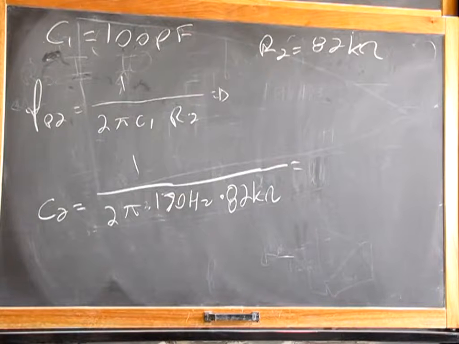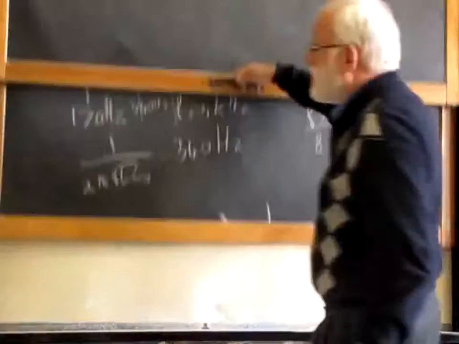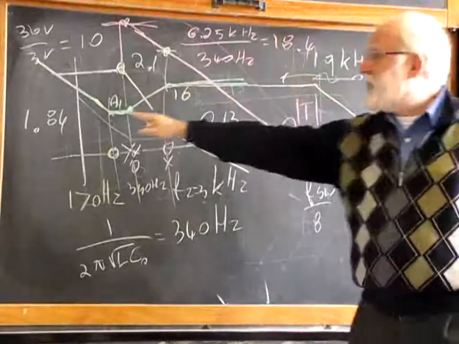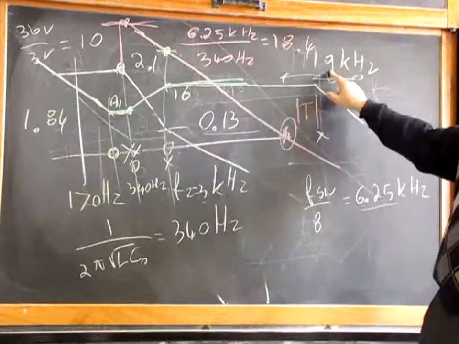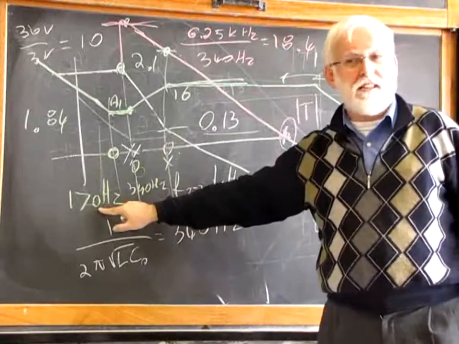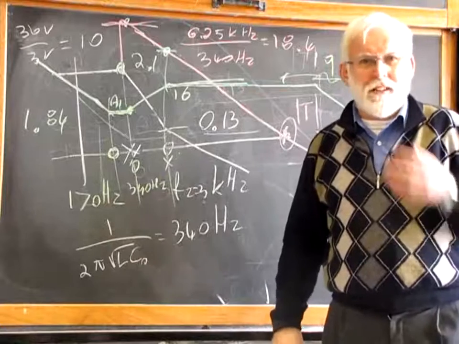Obviously I know how much it was going to be. This is the standard type 2 compensator. So the ratio of pole divided by zero is equal to the ratio of the capacitances. We have 19 kilohertz divided by 170 hertz, that's a little bit more than 100 times.